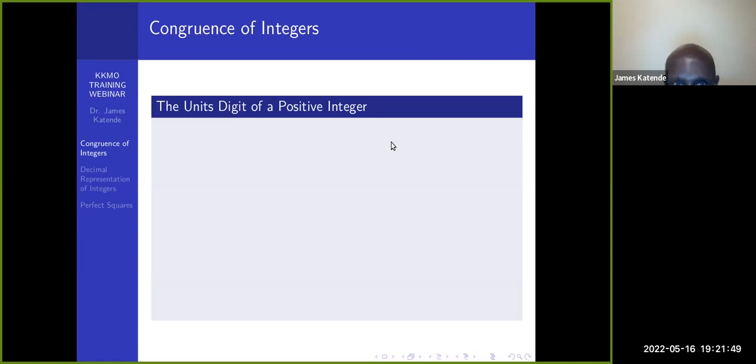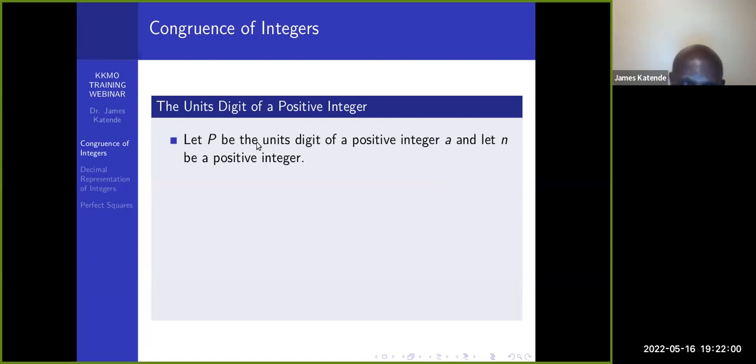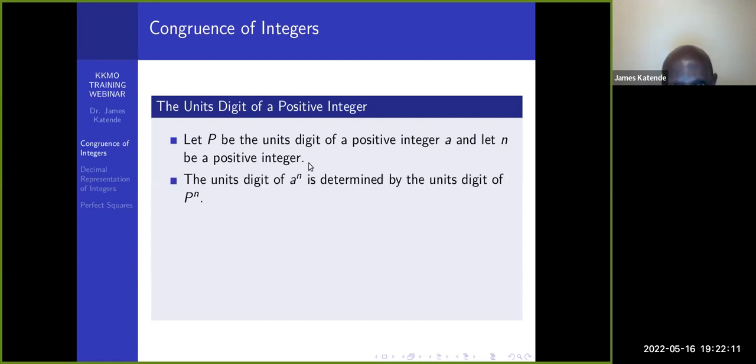Now we're going to focus on the units digit of a positive integer and how it occurs. Let p be the units digit of a positive integer a, and let n be a positive integer.